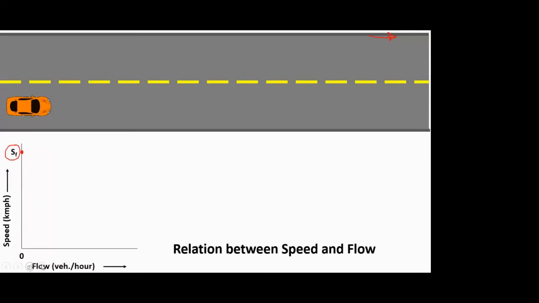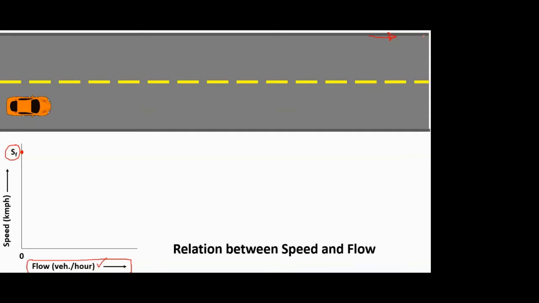Now if you recall the definition of traffic flow, it is nothing but the number of vehicles passing through a particular point in a particular time interval. For unit purposes, we have taken it as vehicles per hour. So in 1 hour, I'll be seeing how many vehicles are passing through a particular point.